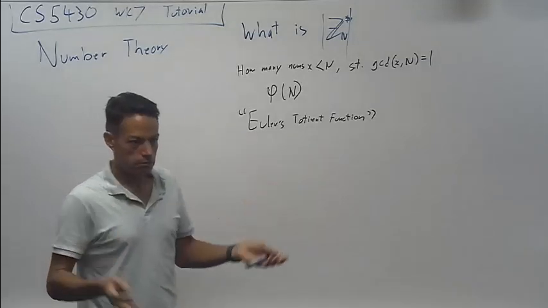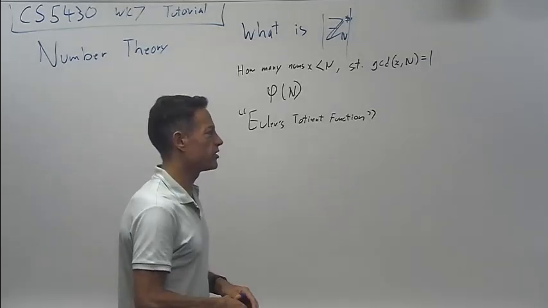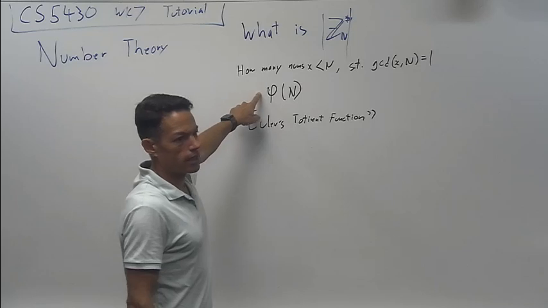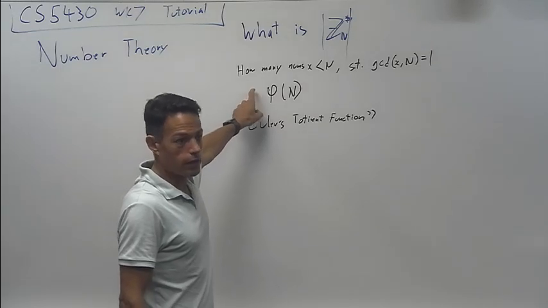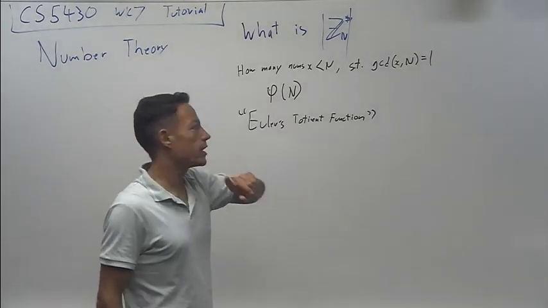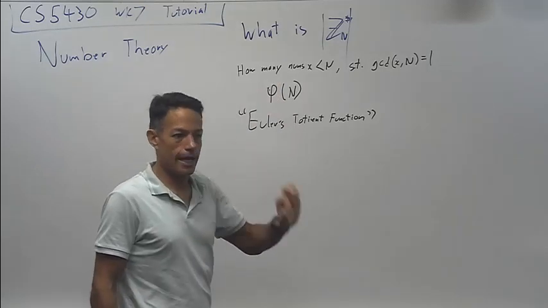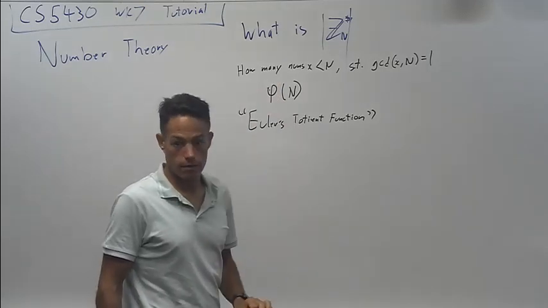It's just a trivia of historical artifacts. Phi of n, if you keep this definition in mind, a lot of other things will make sense. Phi of n is the number of numbers less than n co-prime with n.